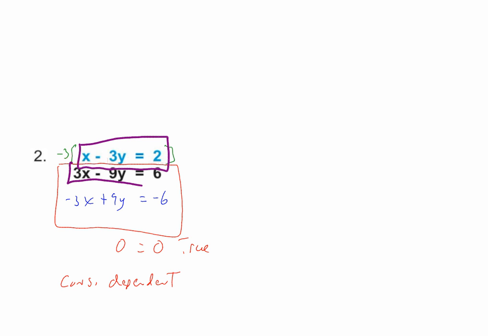What would happen if you graphed 3x minus 9y equals 6? What shape would you get? What would happen if you graphed negative 3x plus 9y equals negative 6? My answer that I have to write is a... Nobody can give me the equation of the line?